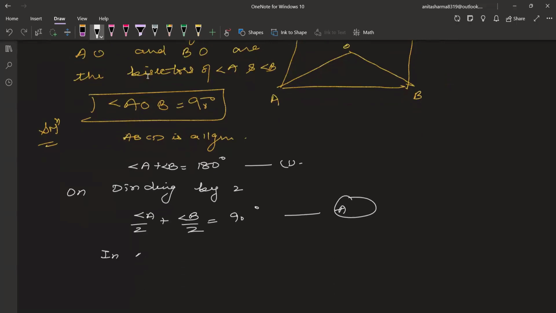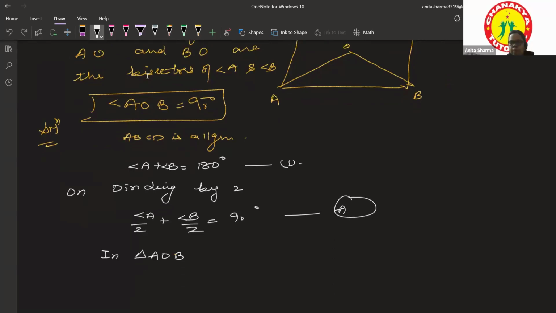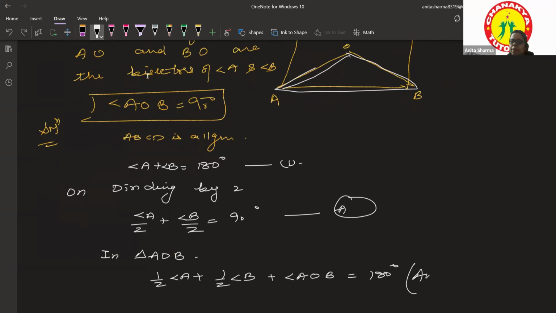Now take triangle AOB. So half of angle A plus half of angle B, because OA and OB are the bisectors. So you can write this when the bisector term is there, plus angle AOB is equal to 180 degrees, by the triangle angle sum property.